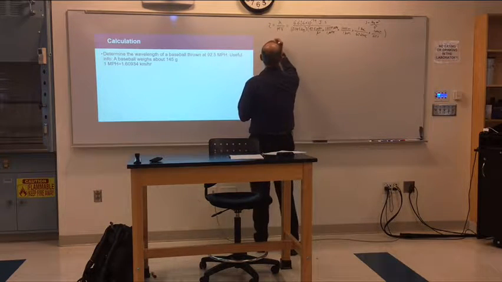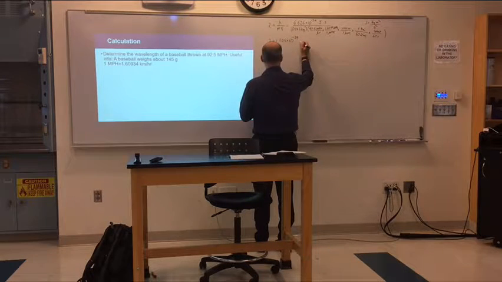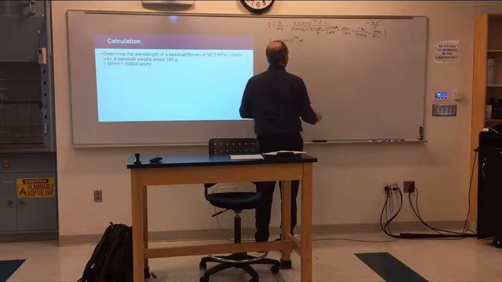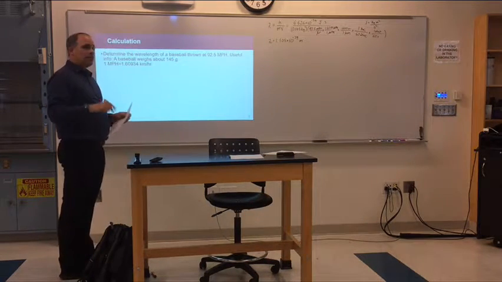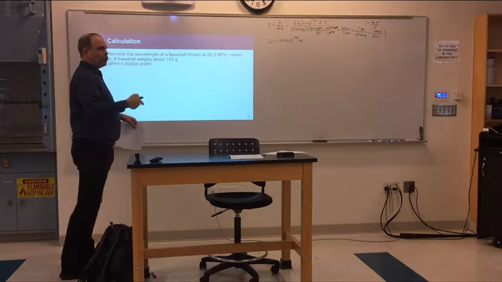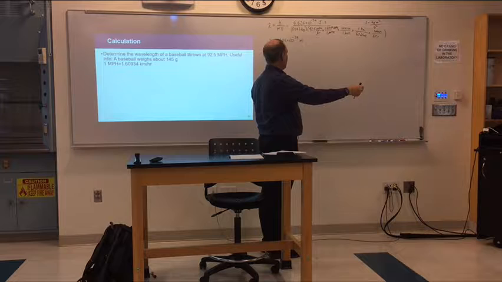Plug it all in, and we get a wavelength equal to 1.105 times 10 to the negative 34 meters. So the wavelength is ridiculously small. To get an idea, we already calculated the Bohr radius, which is the distance between the electron and the proton in the nucleus.